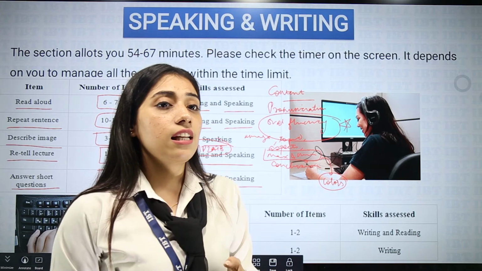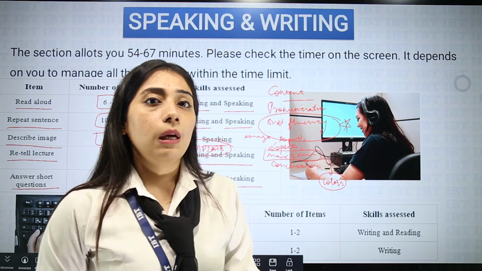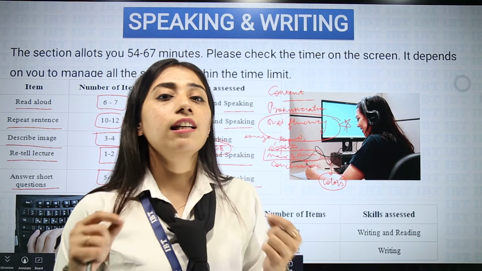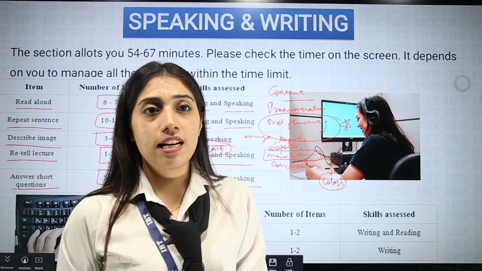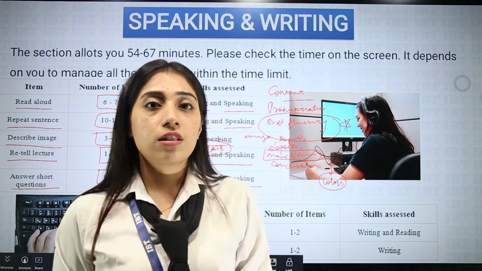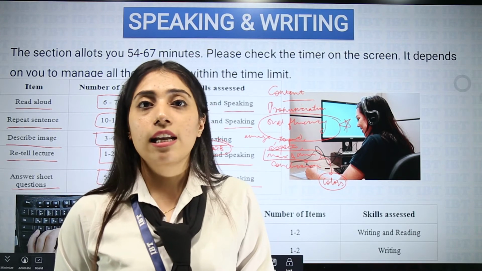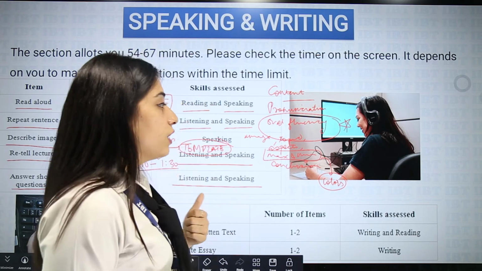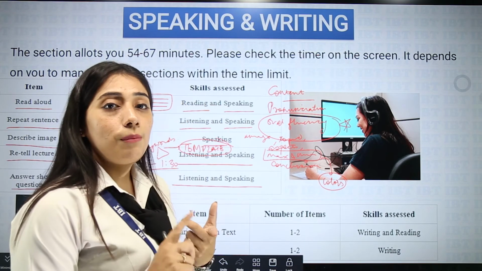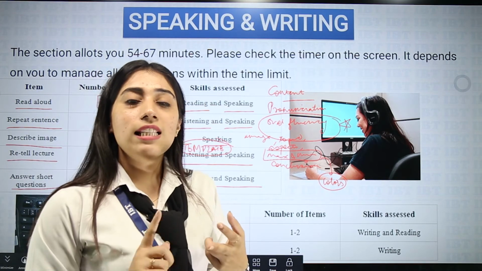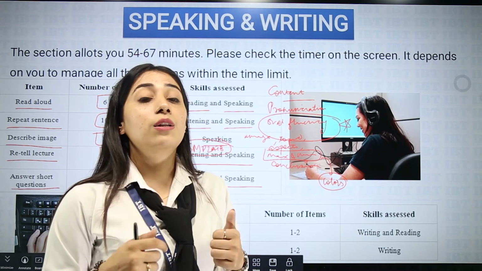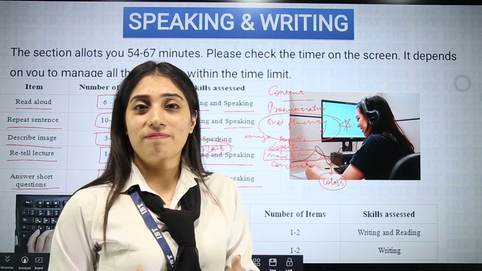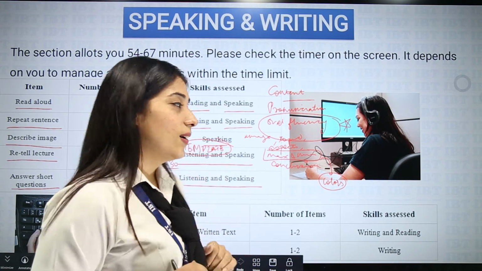It is not necessary that if you say something wrong, you will not get marks. No, somewhere somehow there are ample parameters which are connected, and it will fetch you maybe a 0.1 score even if you say the incorrect answer, right? So make sure in answer short question never remain numb, okay? Say something or the other, be it any keyword from the question itself, but don't say I don't know, I'm sorry. That is very important, okay?